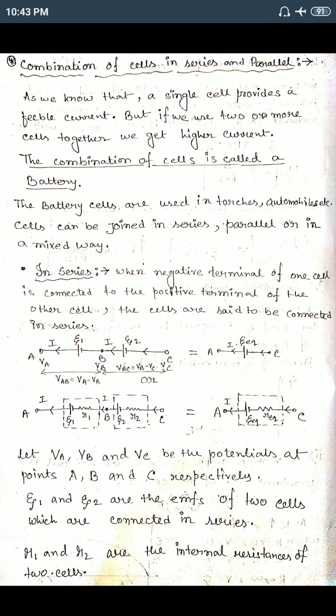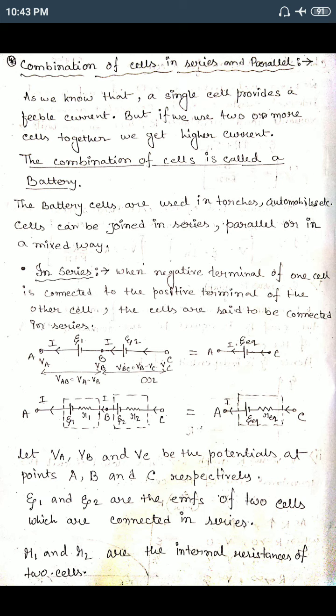But the battery has two terminals, so it is easy to say that when the first battery's negative terminal is connected with the second battery's positive terminal, this combination is called a series combination.